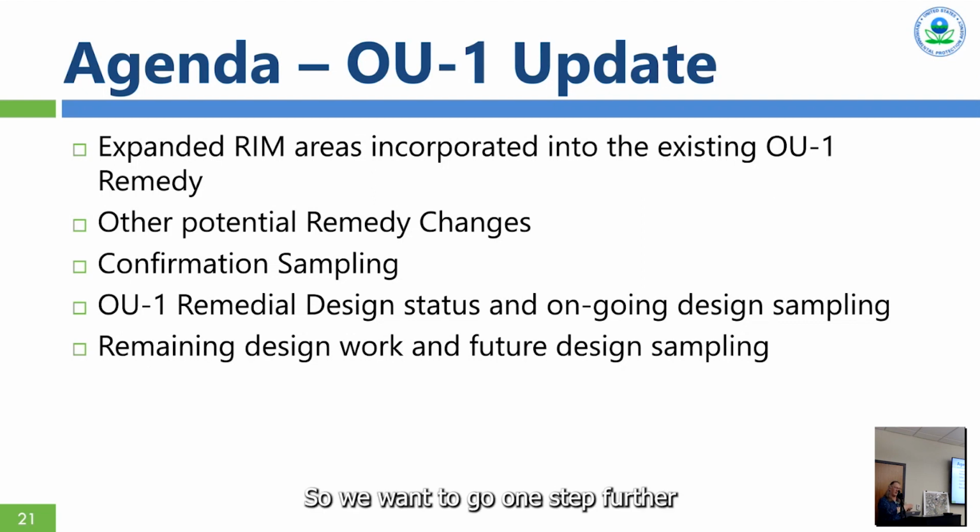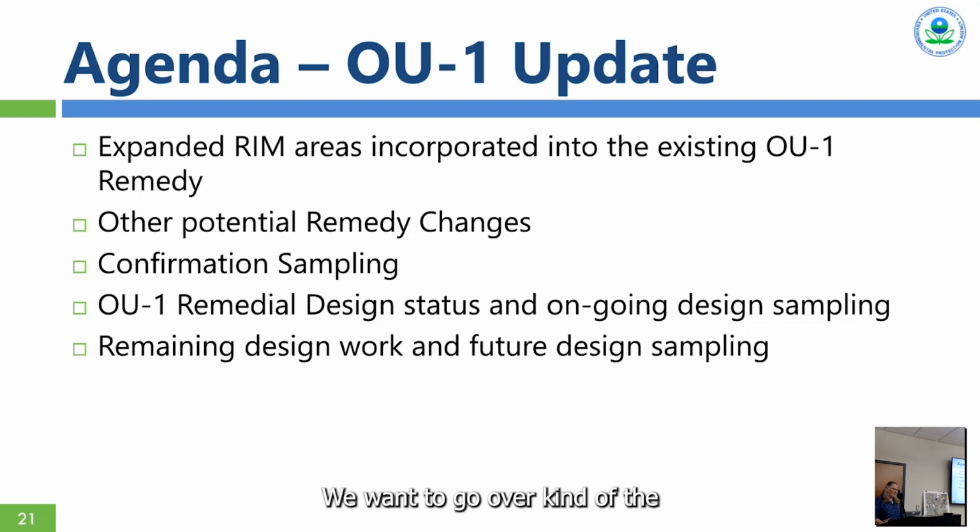We want to go one step further than CERCLA requires, because we feel like people may have questions. We want to make sure everybody understands what's happening. So we'll work to find an appropriate time. We're still working on what needs to be modified and making the final decisions. Once we know all of that, we'll make you aware of it.